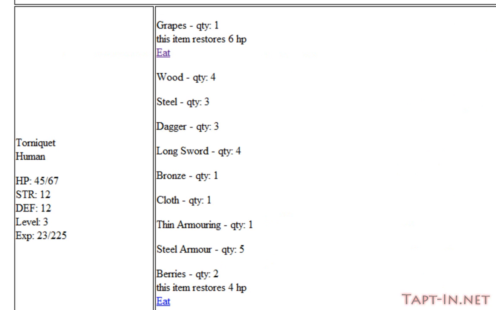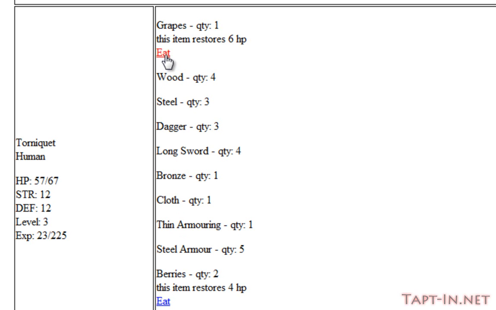Okay, right. So if we eat grapes, our HP is currently 45, and it will restore 6 HP. So our current HP will end up being 51. So we eat, and it's updated. We're restoring our stats now.